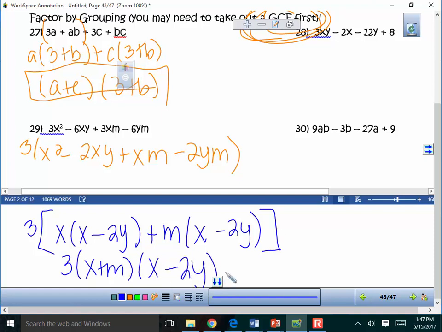If you factored it out using grouping, you wouldn't have that 3 in front, and that's how I'm going to know that you didn't factor out your GCF first, and that's when points will be taken off. So always factor out your GCF. Are there any questions here on number 29?